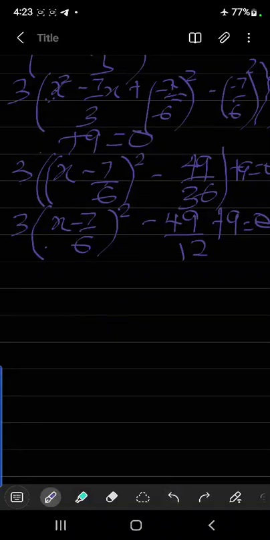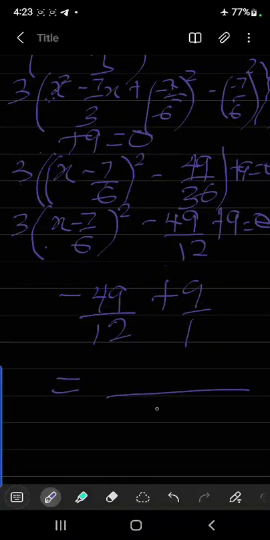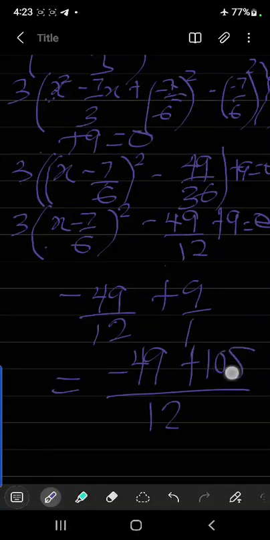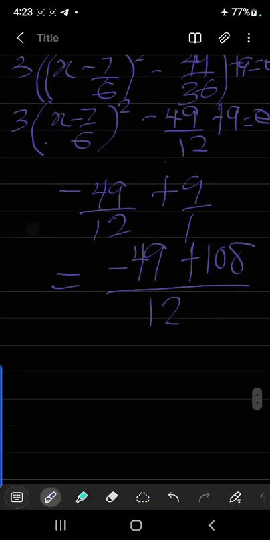So let's continue. With this, we want to run the fraction around here. That will be minus 49 over 12 plus 9 over 1. Now, the LCM of that is what? 12. 12 in 12, 1 times minus 49 is definitely minus 49. Then 1 in 12, 12. 12 times 9, that's 108. So we have negative 49 plus 108.